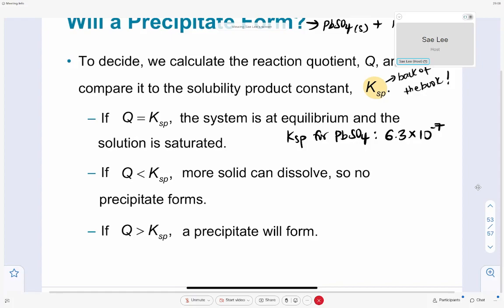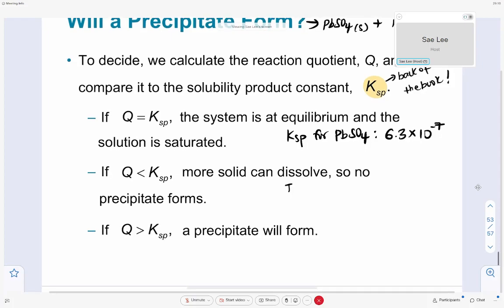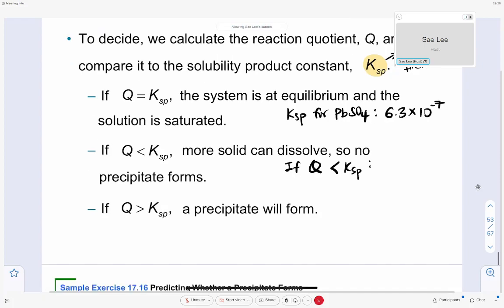If the Q value is smaller than this KSP value, which is 6.3 times 10 to the negative 7, what's going to happen is that more lead sulfate can be dissolved.